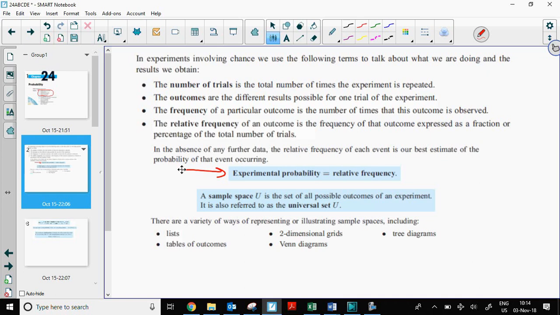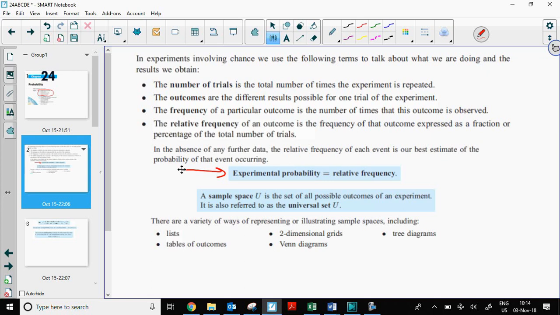It's probably not going to be 1/6. It might be something pretty close to that. So that's what we call experimental probability, because it's a probability that has been generated from the running of experiments, which in the context of statistics is certainly not any wild scientific experiment that we do in a lab. It's just we're going to do a random process and see what happens.